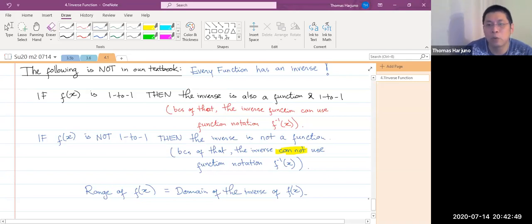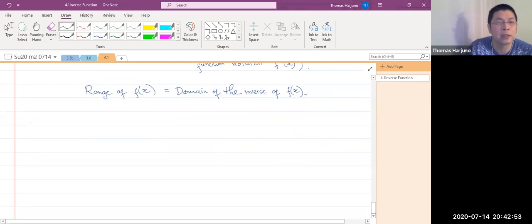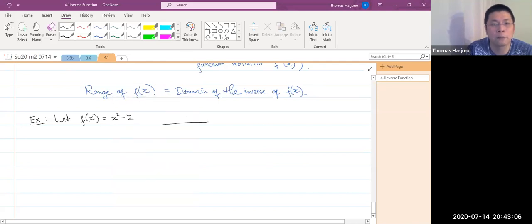Okay, now let's do one simple example here. For example, let f(x) equal x squared minus 2. Now we know the graph of this looks like a parabola with vertex (0, 0), shifted down 2 units. Right?